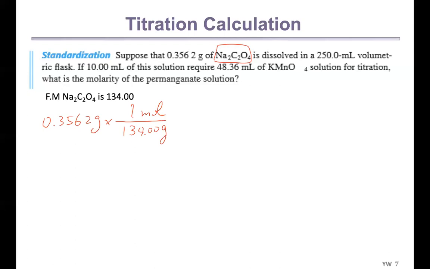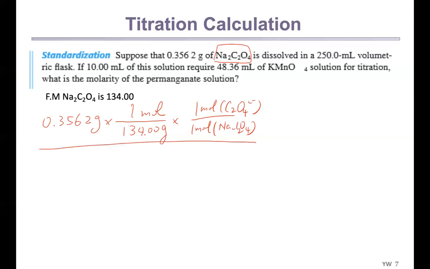And basically, 1 mole of sodium oxalate has 1 mole of oxalate, right? It's 1-to-1 ratio. So by doing this, what you have is the moles of oxalate in 250 milliliter solution.